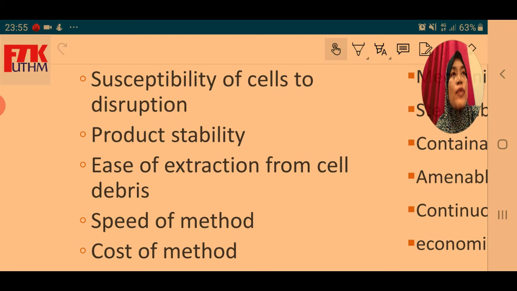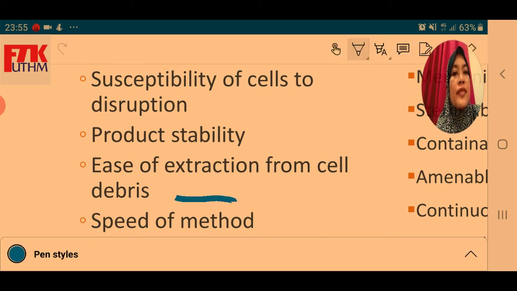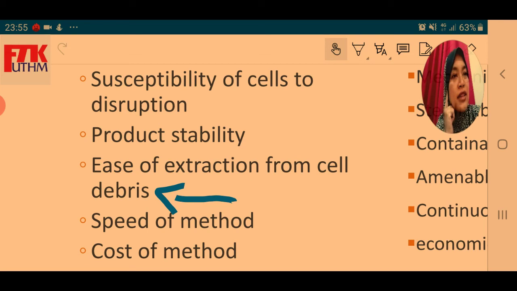When we disrupt the cells, we will produce some cell debris, so we need to extract the enzymes from the cell debris. We need to know the speed and the ease of extracting the enzyme from the cell debris.